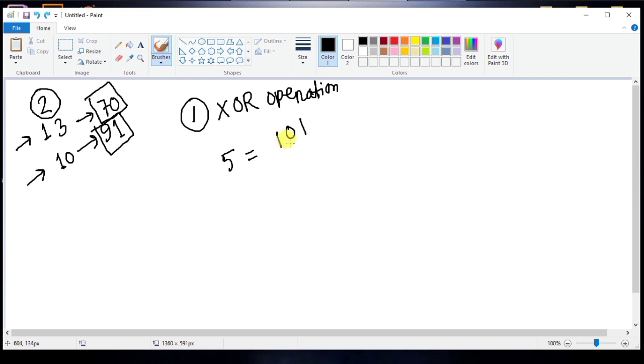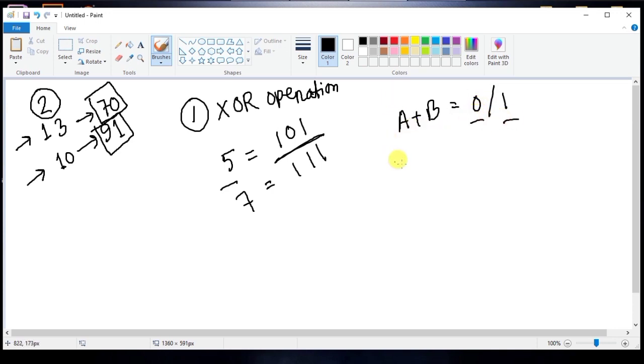So 5 converts into this binary sequence. And what if we give you a 7? Then it will convert into 111. The XOR operation works like this. If we have a XOR b, the answer can be either 0 or 1.